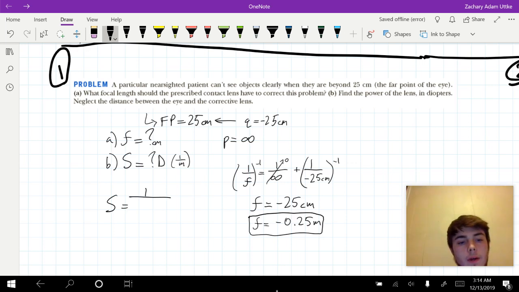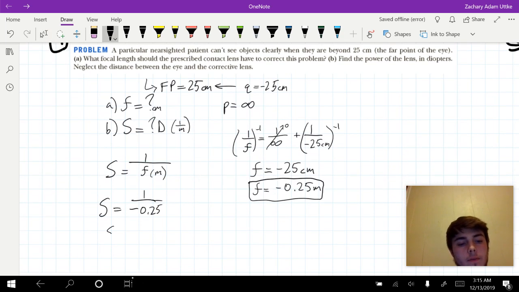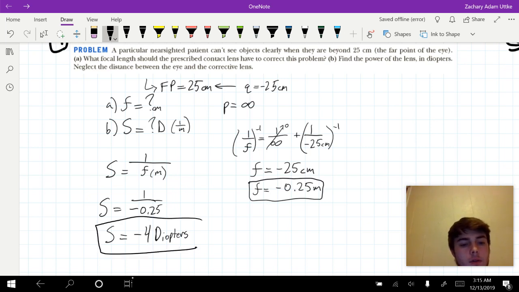So we take 1 divided by F, and F must be in meters. So the power is 1 divided by negative 0.25. And we find that the power should be negative 4 diopters, which is the symbol for D, diopters.